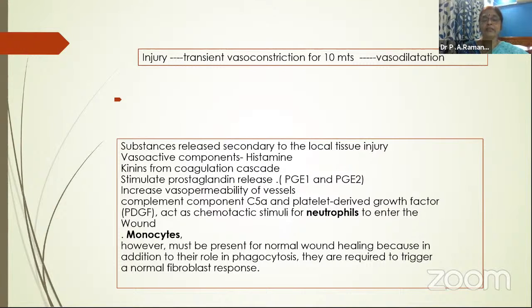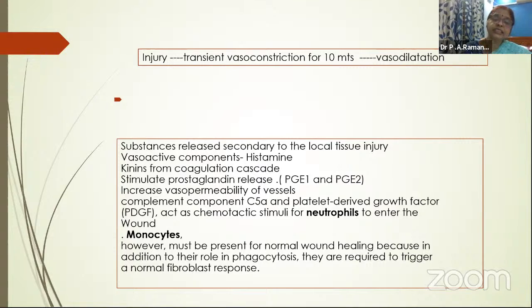So these cause vasodilatation and increased vascular permeability. By this increased vascular permeability, more and more inflammatory cells leave the blood vessel into the tissues, and they carry on some functions.